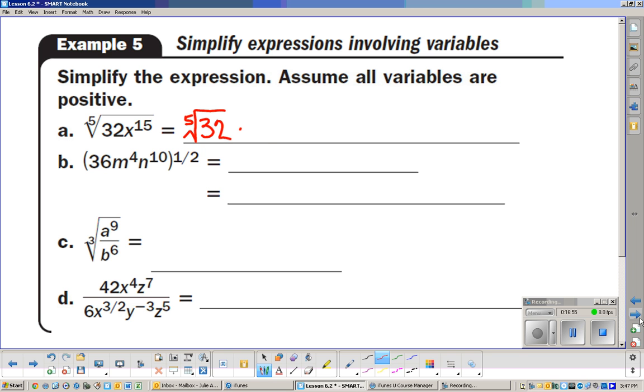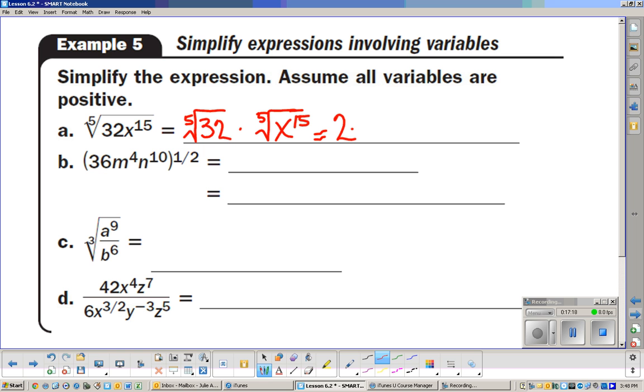And then second of all, I'm going to deal with the fifth root of x to the 15. I like to treat my numbers separate from my variables because it just seems to make more sense and it's easier to deal with. So first of all, I'm going to look for the fifth root of 32. If I get lucky, it's a perfect fifth, and I can get an answer right away, and I do. It's 2.